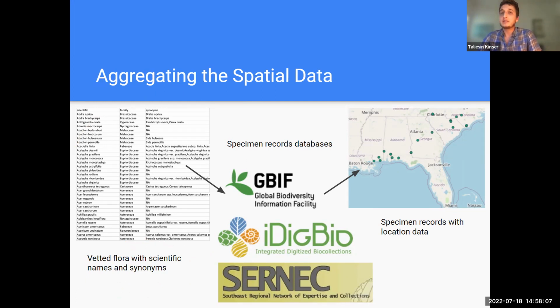We pulled, based off of those names and the families that these taxa are in, a bunch of species records from herbaria, from museum specimens that are aggregated into these databases. From those records, we were able to pull out location data, so data that had specific localities and that had georeferences or longitude and latitude coordinates that we could use.